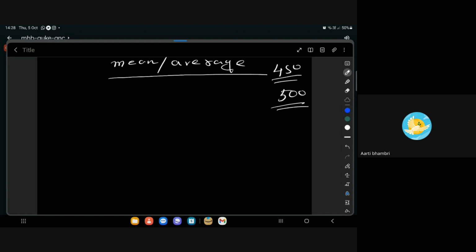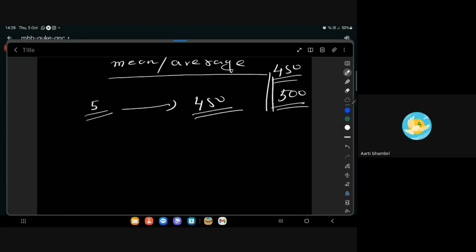You have to find a value which is almost equal for all the subjects, a central value, you can say. Out of 500 in 5 subjects, suppose you have scored 450.